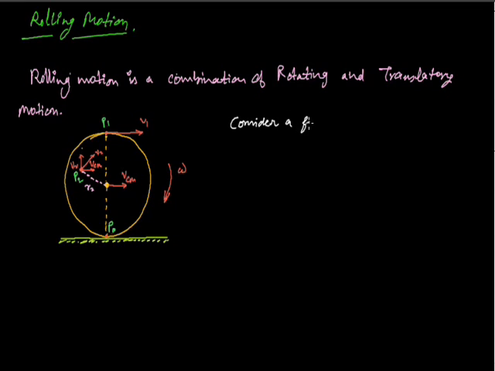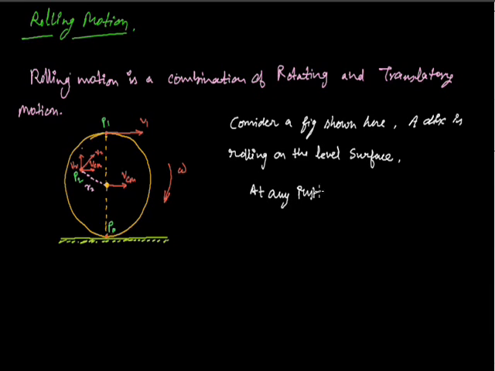Consider the figure shown here. A disc is rolling without sliding on a level surface. Point P naught of the disc is at rest.